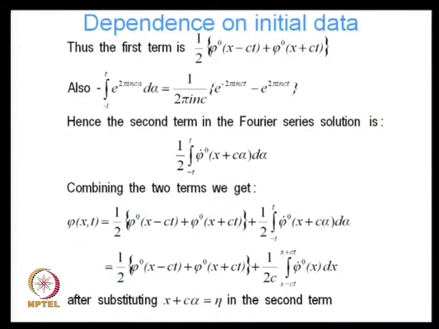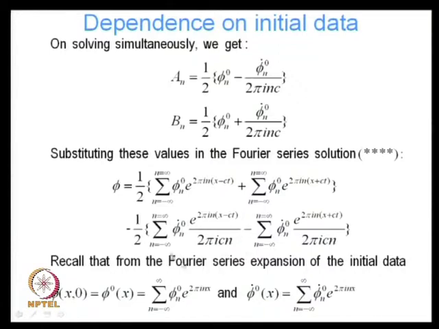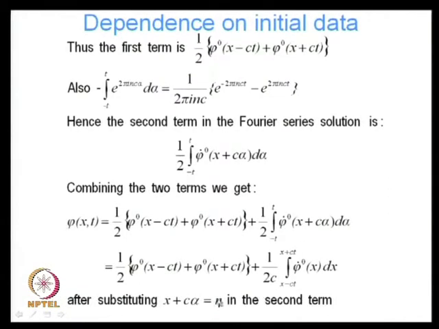So the second term in the Fourier series solution can actually be expressed in terms of phi dot 0 at x, and what does it become? It becomes half the integral from minus t to t of phi dot 0 of x plus c alpha d alpha.